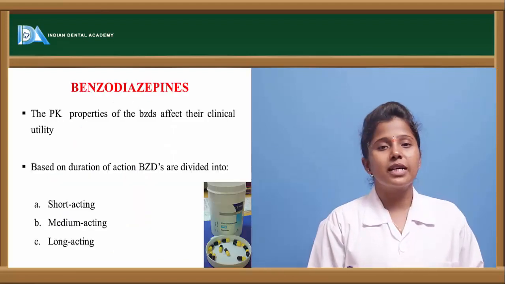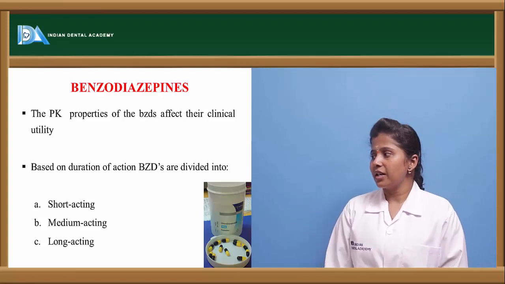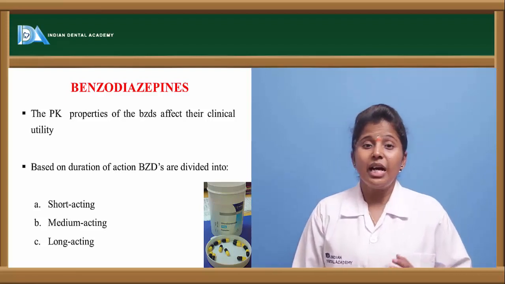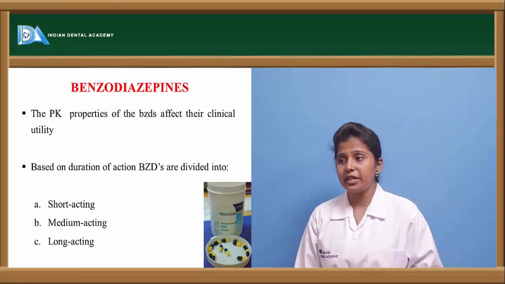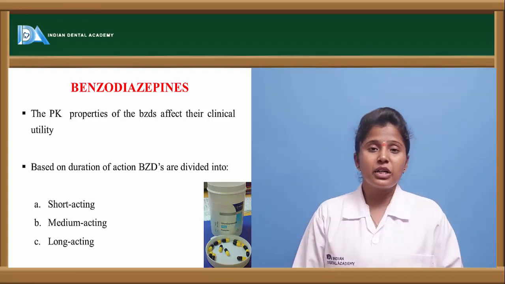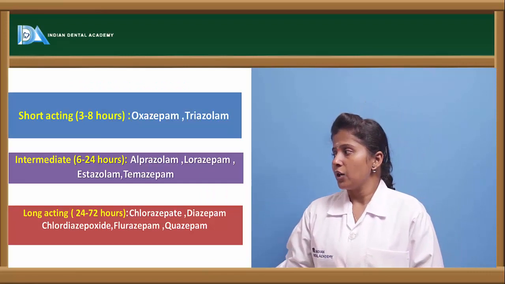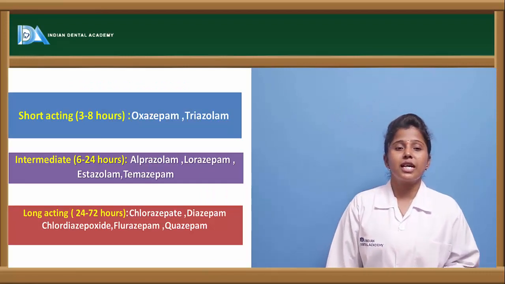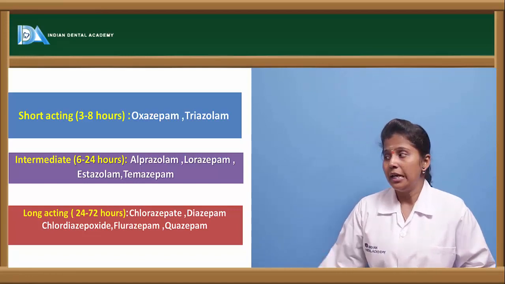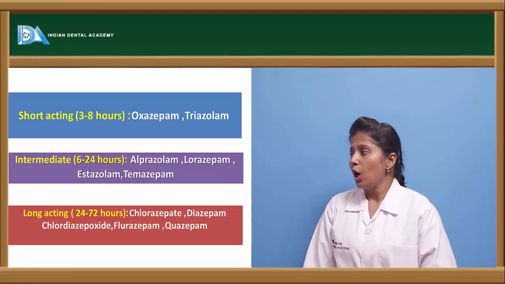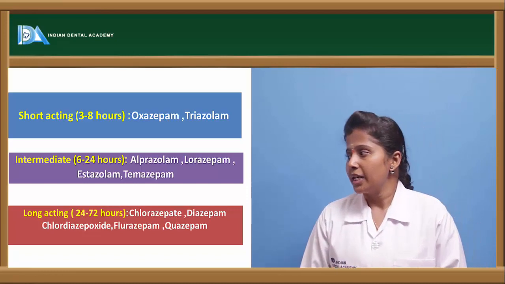Let us see the pharmacokinetics of these drugs. These drugs are clinically very effective, and based on the duration of their actions, these benzodiazepines are classified into short acting, medium or intermediate acting, and long acting. The short acting drugs exert their actions within 3 to 8 hours of administration. Drugs which come under this category are oxazepam and triazolam.